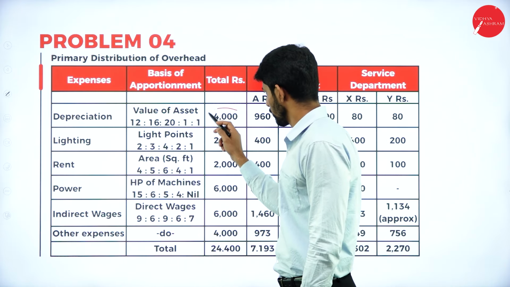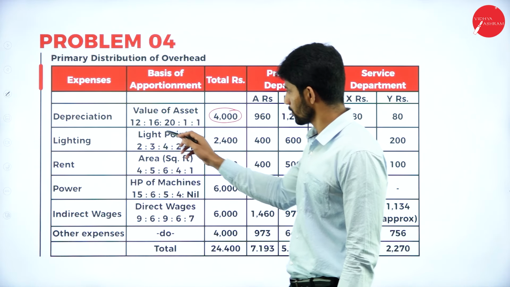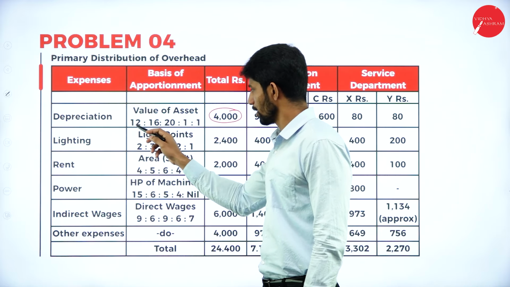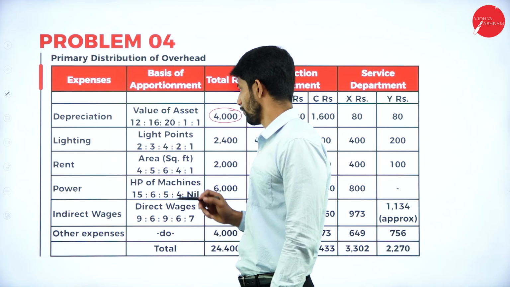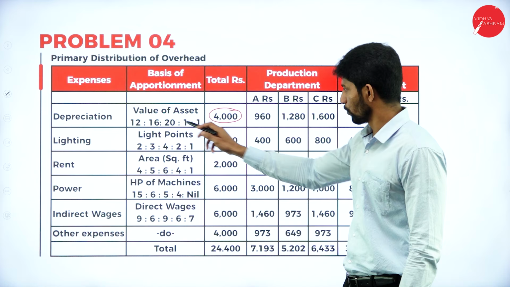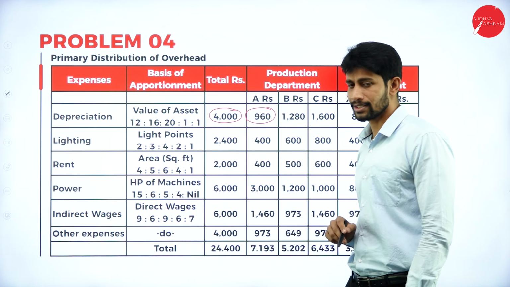The total depreciation is 4,000. So the ratio is 12 is to 16 is to 20 is to 1 is to 1. Total 12 plus 16, 28 plus 20, 48 plus 2, 50. So 4,000 into 12 divided by 50 for production department A, you will get 960.